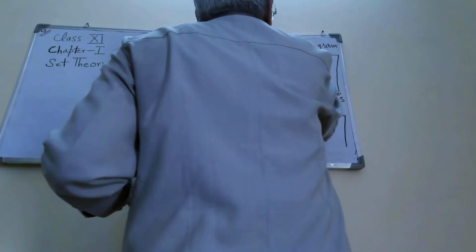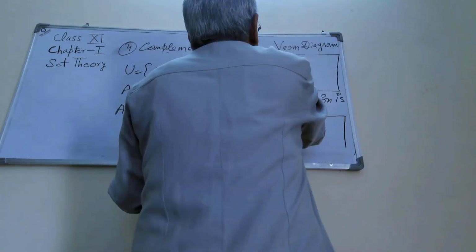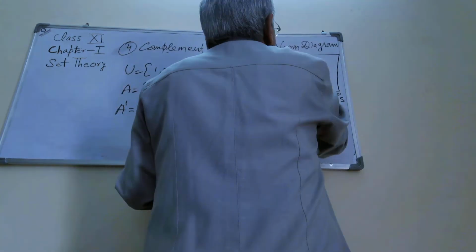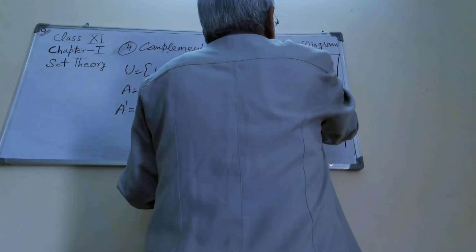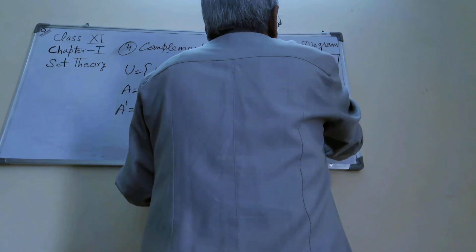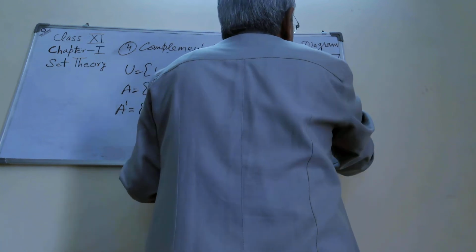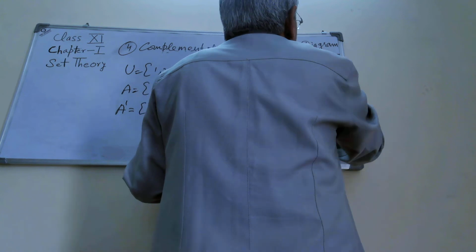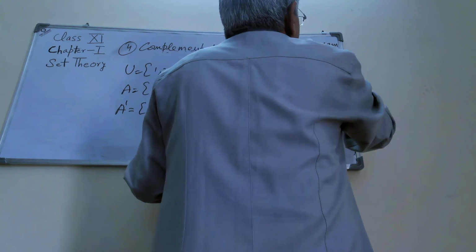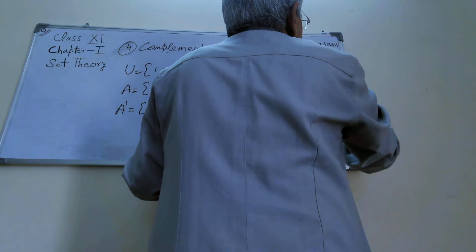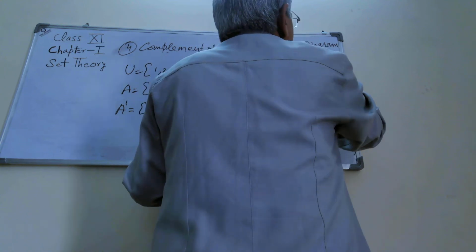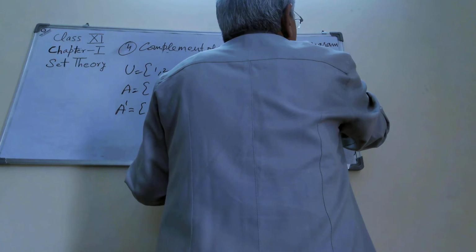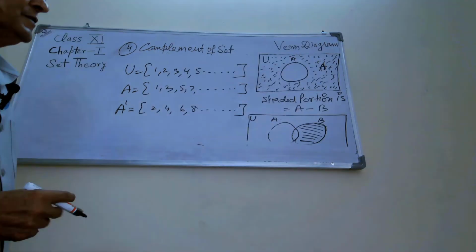With the help of Venn diagram, U, this is A, and the shaded portion is the complement of A. That is A complement.